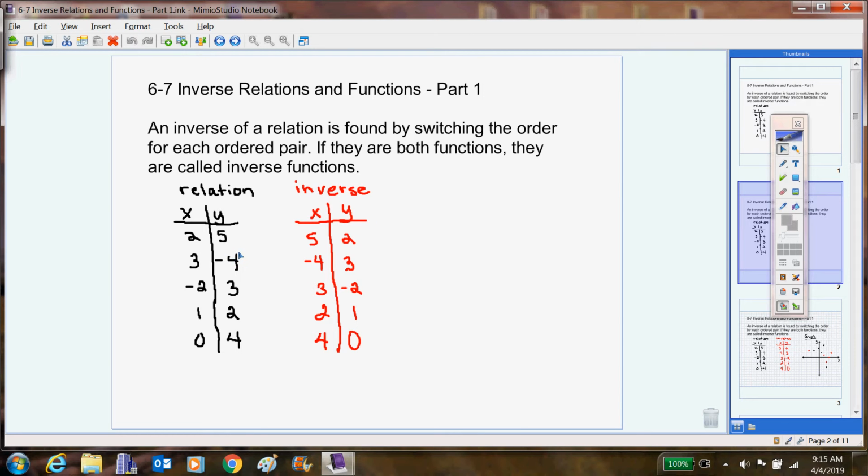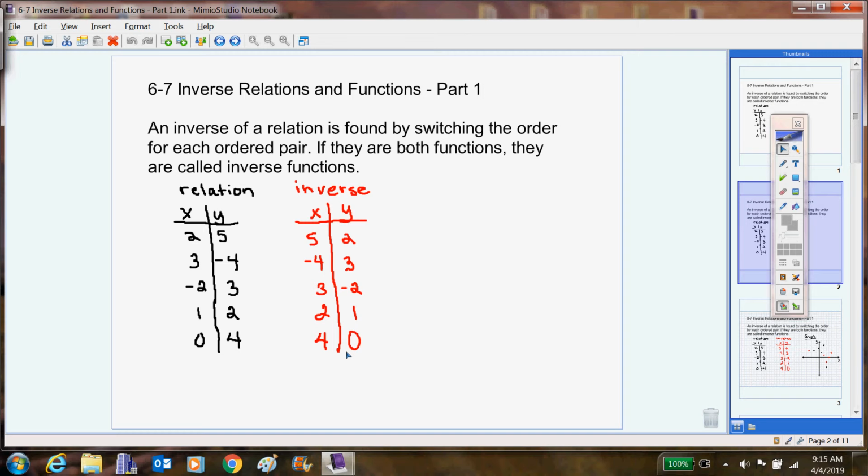And we also know that relations can be written down as graphs. So the reason that you all have graph paper in front of you is that you're going to graph the relation, and then you're going to graph the inverse of the relation.